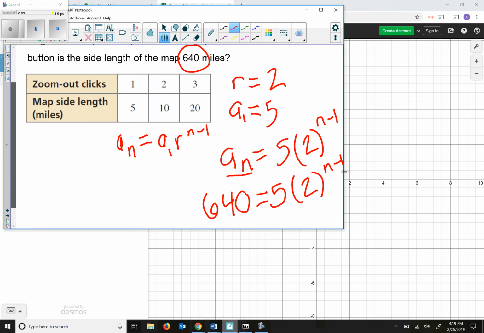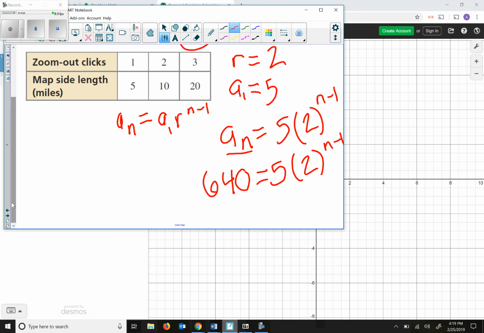Which, okay, that's all fine and dandy, but right now we don't have the skills to solve this. Those are skills that you're going to develop later in your mathematical careers. So right now, the one thing that we know how to do is that we can take this equation and break it up into 2 pieces.